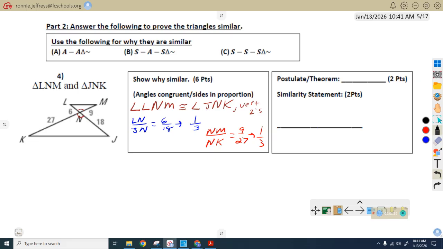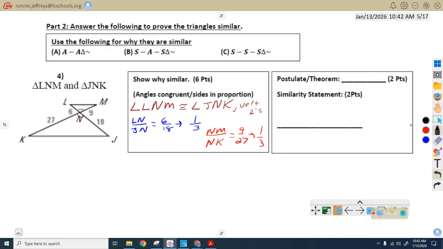Okay, so basically in that area you have to show, notice I actually used the letters of the triangles. I just didn't leave them there. Okay, so that is what you need to do. That's why it's worth 6 points. Okay, if I deem it's worth more than that, I will make it worth more than that.